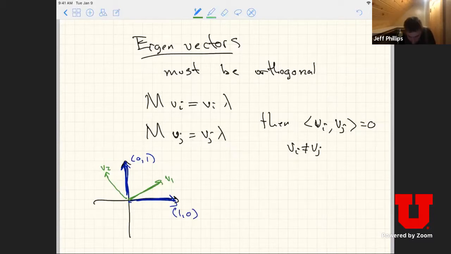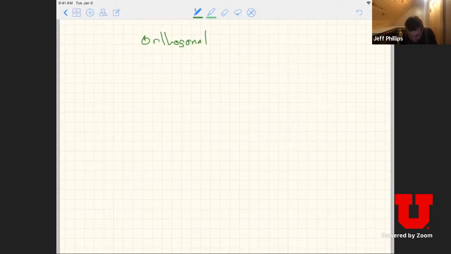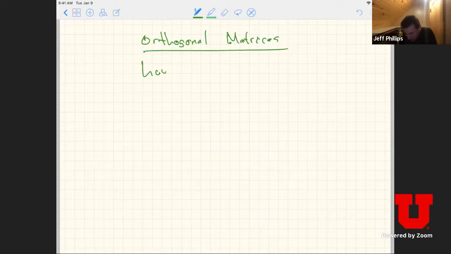Other properties of orthogonal matrices: they basically have no scale information.